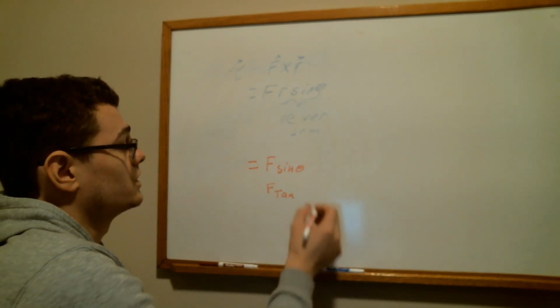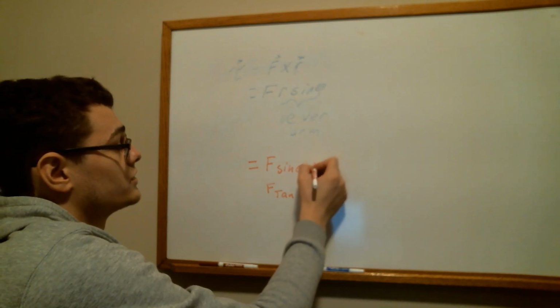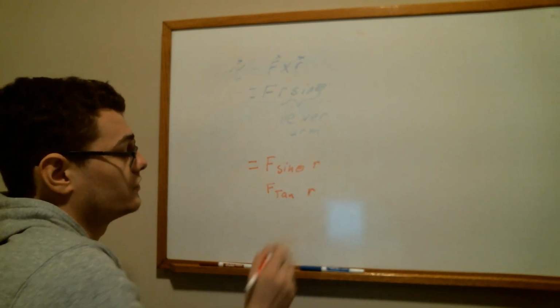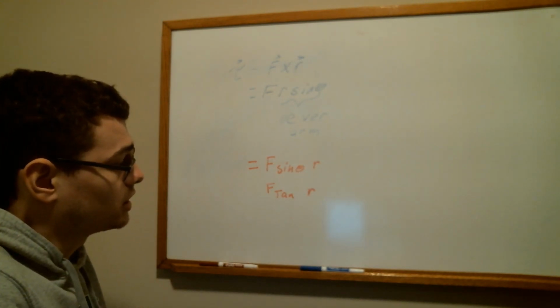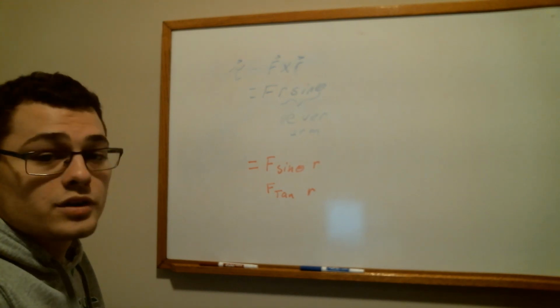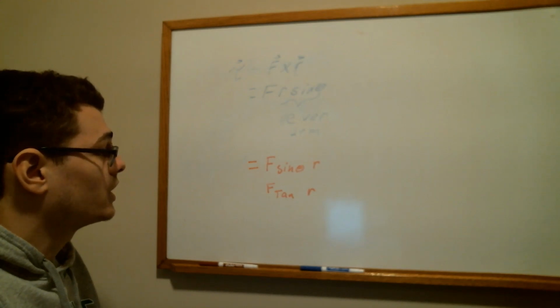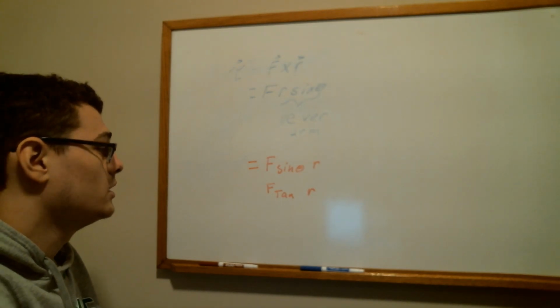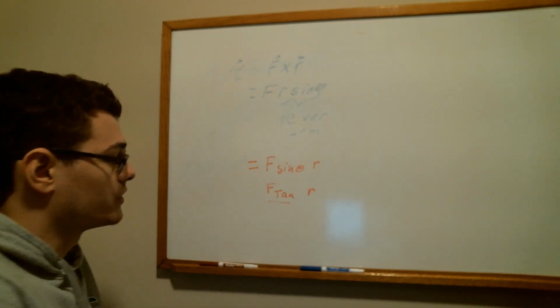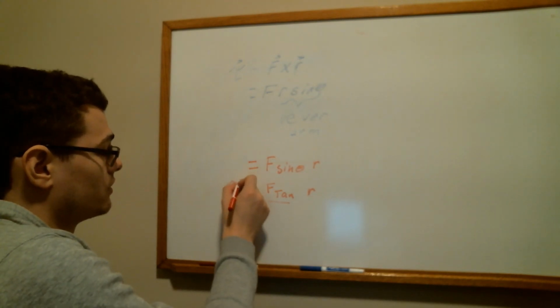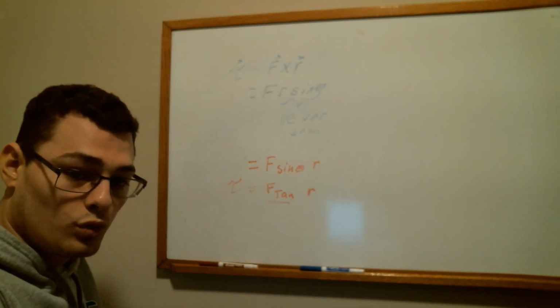And so in this case, this is always going to be F tangential times r. So you just need to use the magnitude of r and the magnitude of F, and once you combine it with the sine theta, it's going to give you the magnitude of the tangential force, and therefore will yield your torque.